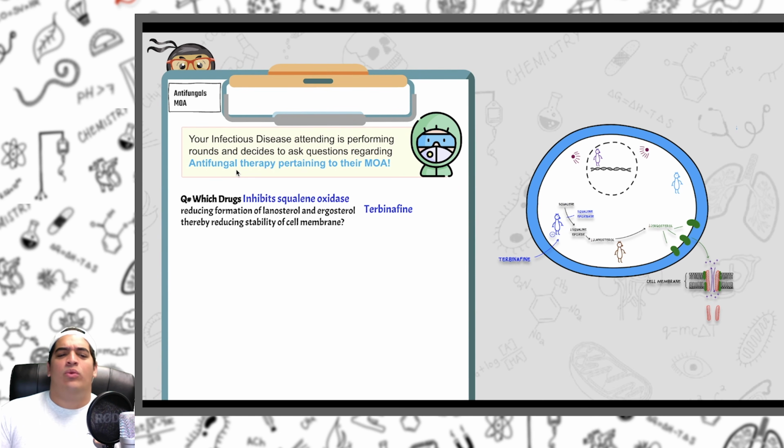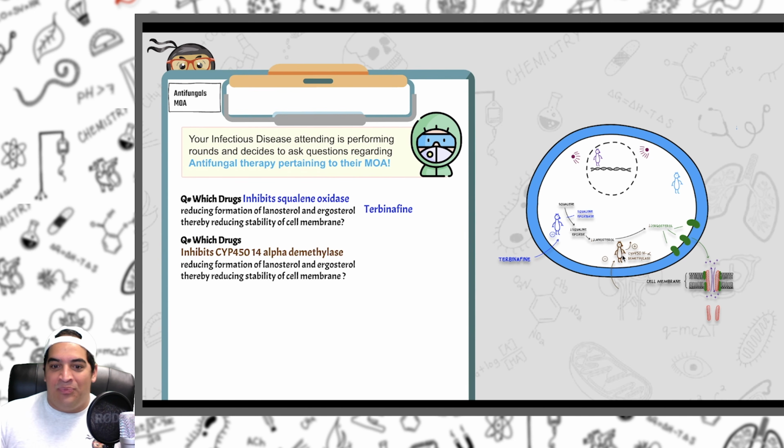He says, okay, which drugs inhibit the squalene oxidase, reducing the formation of lanosterol and ergosterol, thereby reducing the stability of the cell membrane? Do you guys remember this? You have squalene to squalene epoxide to lanosterol to ergosterol, which is important in cell membrane stability. So if I give a drug to inhibit the squalene oxidase, this would be terbinafine. The next one is, which drug inhibits the cytochrome P450 14-alpha demethylase enzyme?